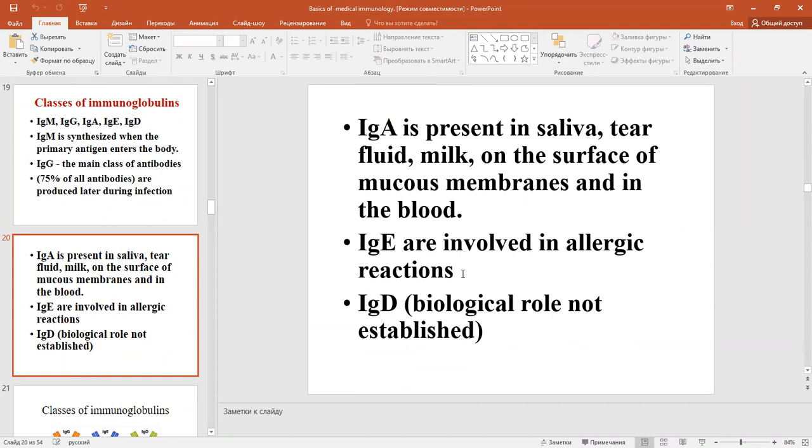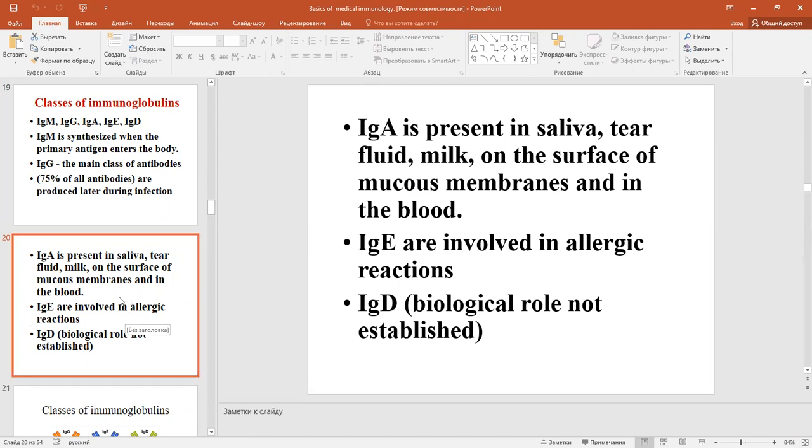Microbes cause delayed-type hypersensitivity, cell-mediated. So for detection of allergic reaction, we are not going to detect immunoglobulins E. Microbes don't cause production of them. We are going to detect delayed hypersensitivity, cell-mediated. And for immunoglobulins D, the biological role is not established well, definitely.